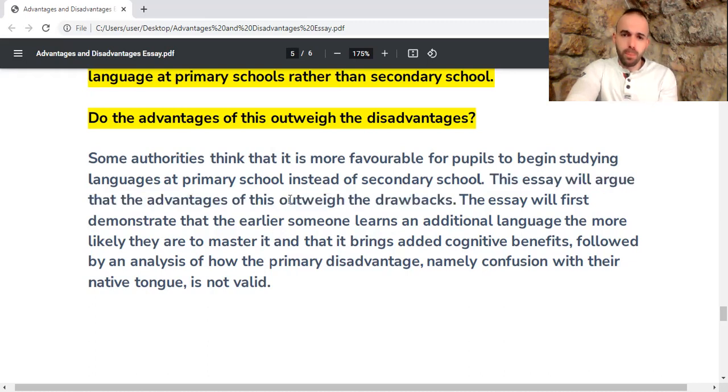So then my stronger side is advantages and my weaker side is drawbacks. So then I have to explain why this is not strong. So I have to deny this then. So then you will actually mention the disadvantage, but you have to say, I'm going to show that this is not valid. I'll explain to you what I mean.